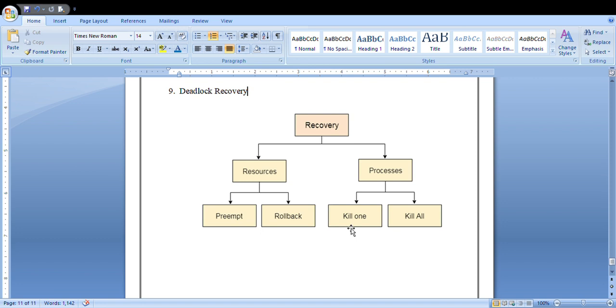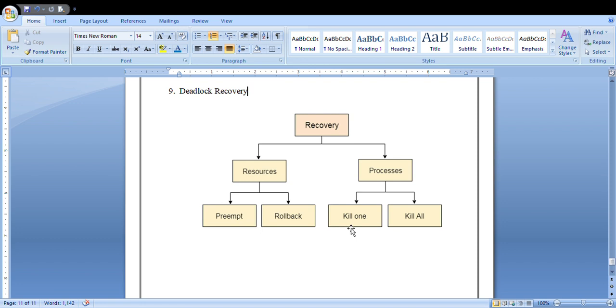In process termination, if you terminate the process, it does not complete its execution, so it is nothing but abnormal termination. But what is the drawback here? When you want to kill a process that is entering the deadlock condition, you are going to terminate that particular process.